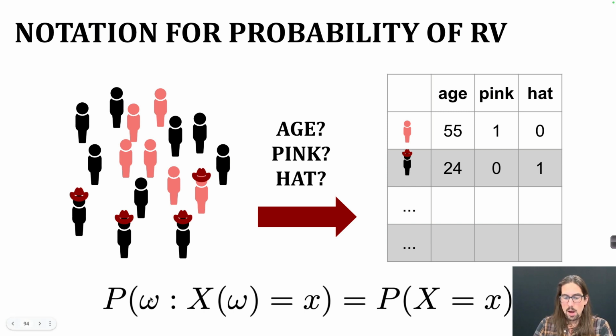So if X is whether or not they're wearing a hat, I ask for each person in the population, are they wearing a hat? And if that value is 1, then I count them. If not, I don't. And all this is saying is count the proportion of people who are wearing a hat. And this is just a shorthand for that, effectively.